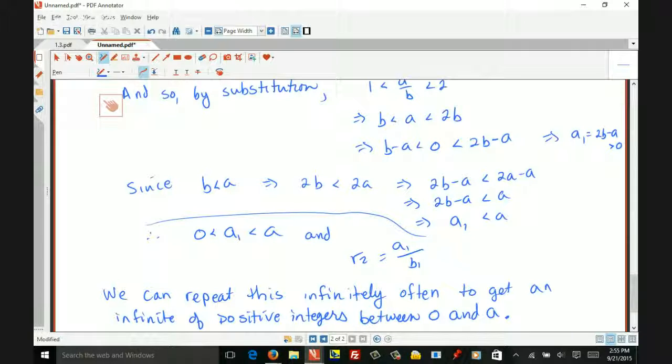No, I'm talking real life now, not according to what I just wrote on the slide. Let's suppose a is 100 million. There's a minus 1 positive integers between 0 and a, right? Not infinite. Do you see the contradiction?